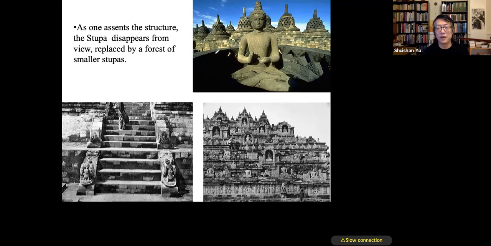So why did they take so much time and effort to create those statues and put them hidden inside the stupa? That is because they believe the magical power of that. They believe the power of these Buddha statues would help whoever is circumambulating, taking the effort to climb up all those layers, to get closer to Nirvana, to that enlightened status.